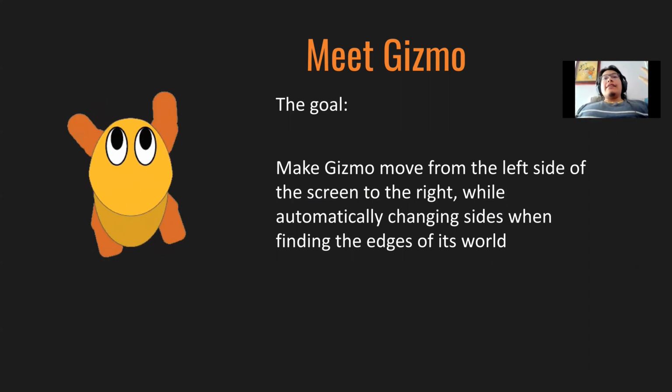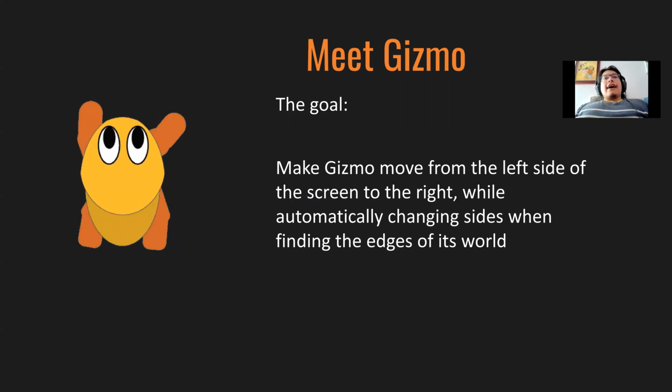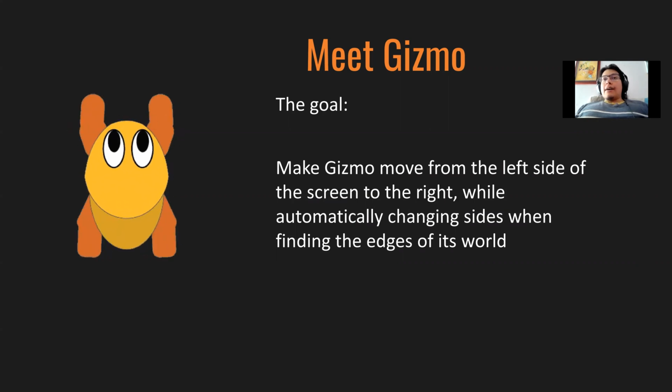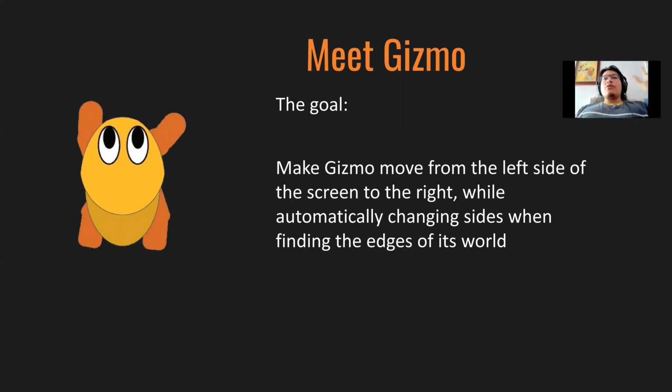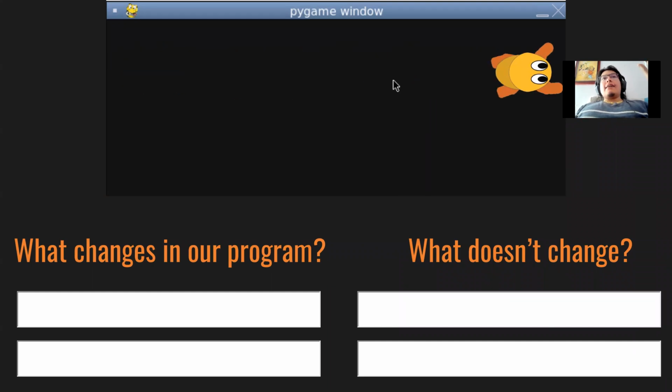Because Gizmo is a form of data. It's a form of information that contains so far three elements: a position in the X coordinate, in other words, the left to right side of the screen, and then a position in the Y coordinate, the up to down side of the screen, right? So we talked about this last week.